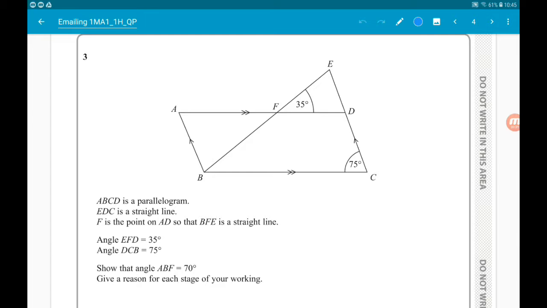We want to show that angle ABF is 70 degrees. And we must give a reason for each stage of our working.